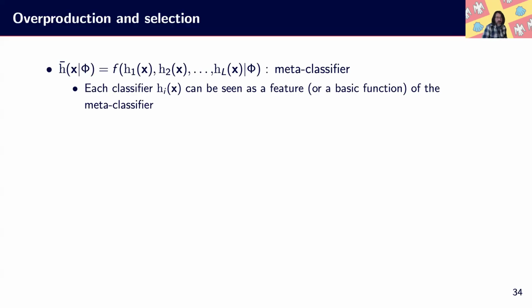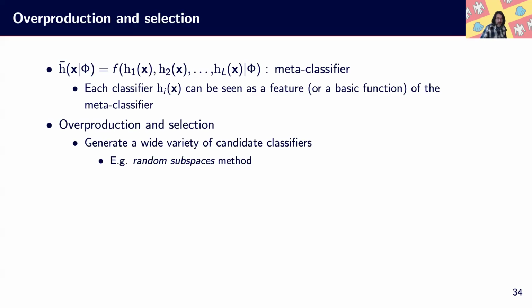There is another approach called overproduction and selection. In that case, we are making use of meta classifiers. Each classifier making up the ensemble can be seen as a feature. So we have H bar, which is the meta classifier. The idea is that we generate many of those.